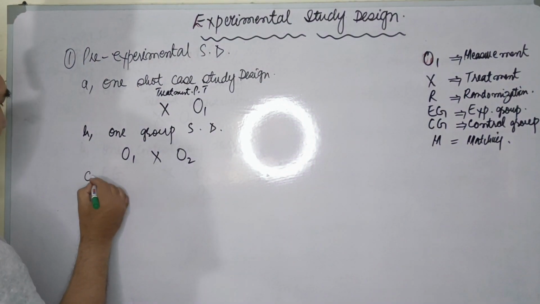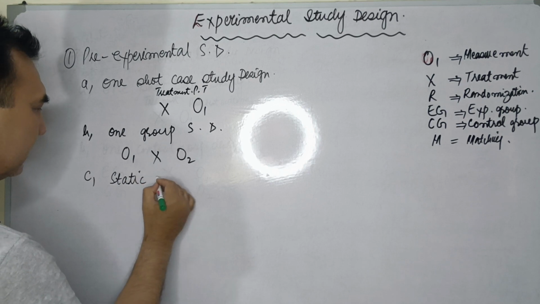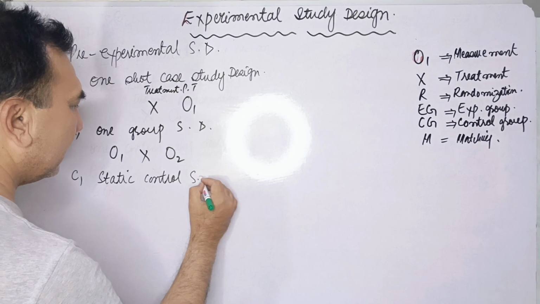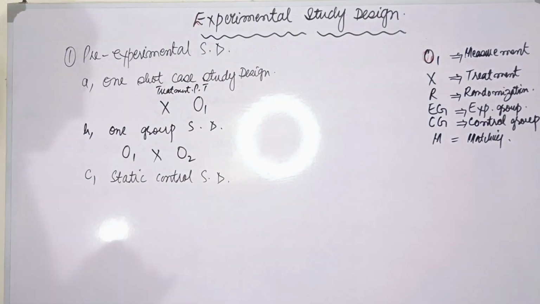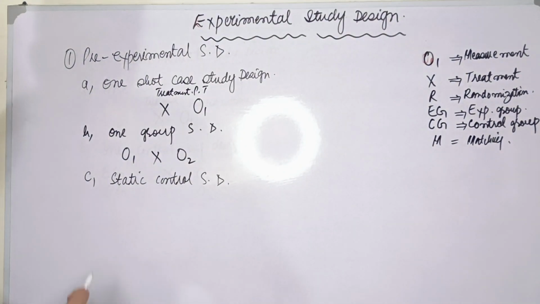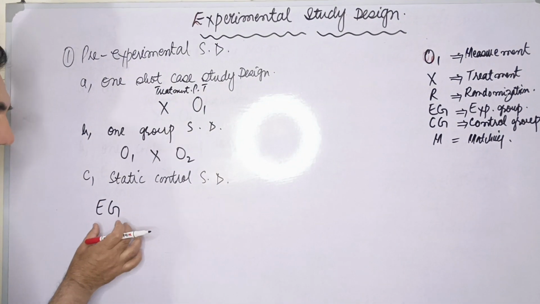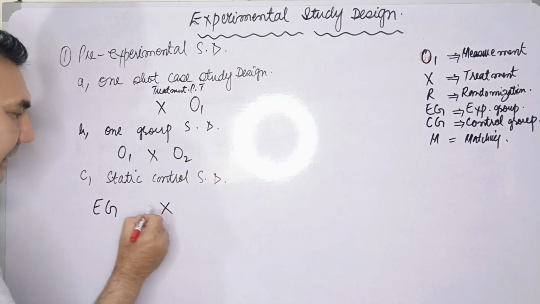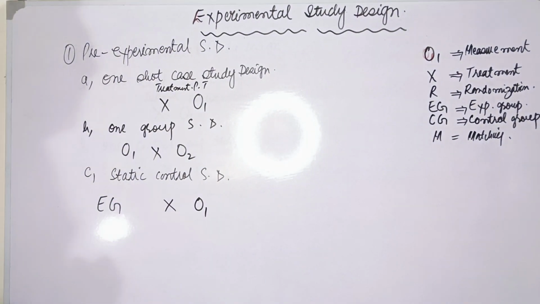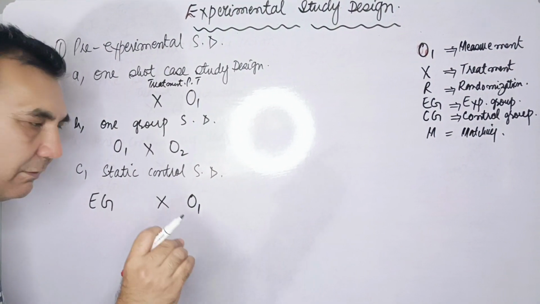And the third type is called the static control group study design. In this study design, the researcher exposes the experimental group directly to a treatment, and then measures the outcome in the post test phase.